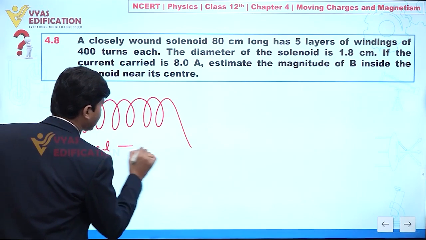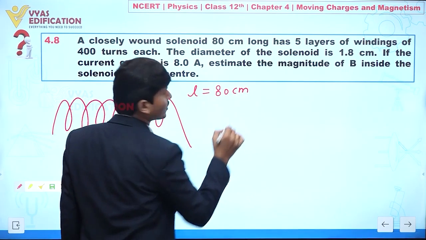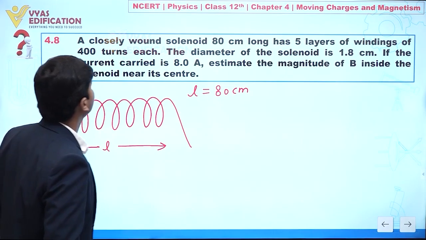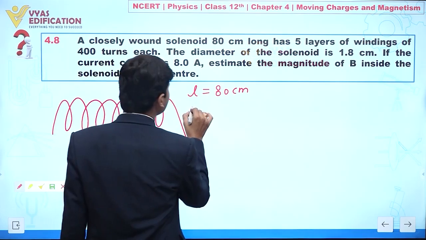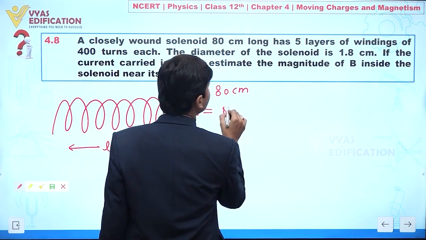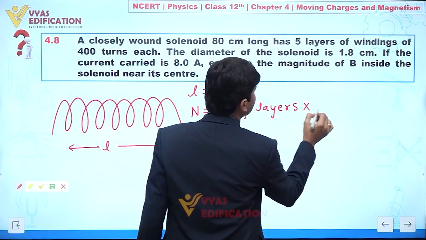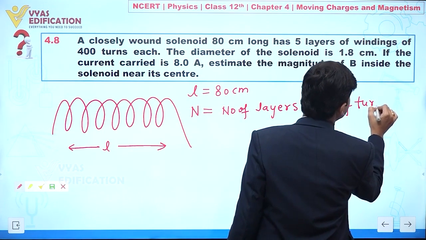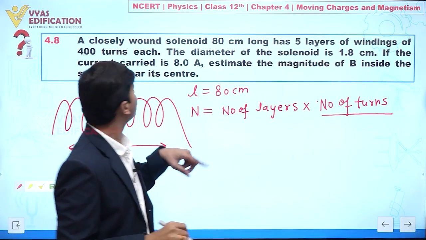Let's indicate the length by L. L value is given as 80 cm. It has a total of 5 layers of winding, each having 400 turns. So can we calculate the number of turns? Yes. We can write: number of layers multiplied by number of turns per layer.